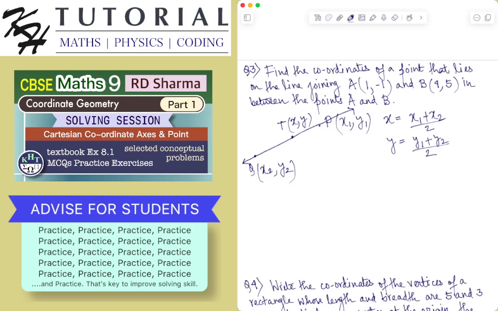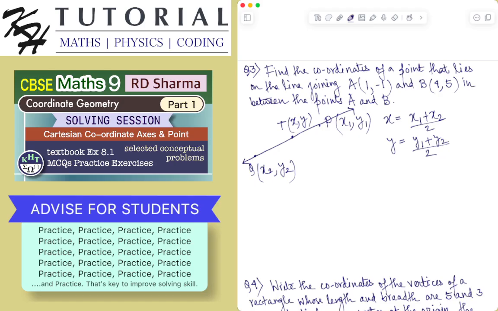So in this way you can find the point T, whose abscissa is (x1 plus x2) by 2 and whose ordinate is (y1 plus y2) by 2. It is the midpoint of the two given points P and Q, and the point T will also lie on the line joining the points P and Q.